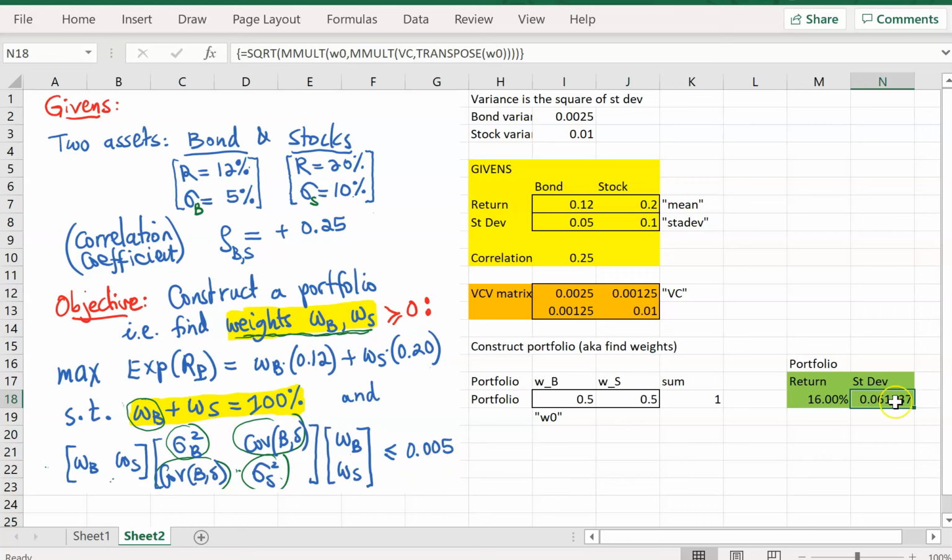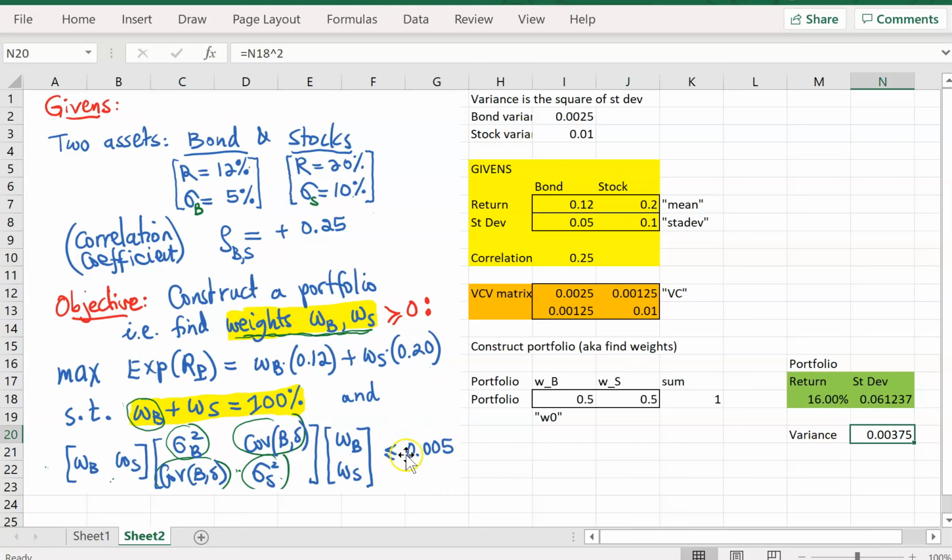Well, actually not exactly. The variance of the portfolio is the square of this number, so we want the variance to be no more than 0.005.